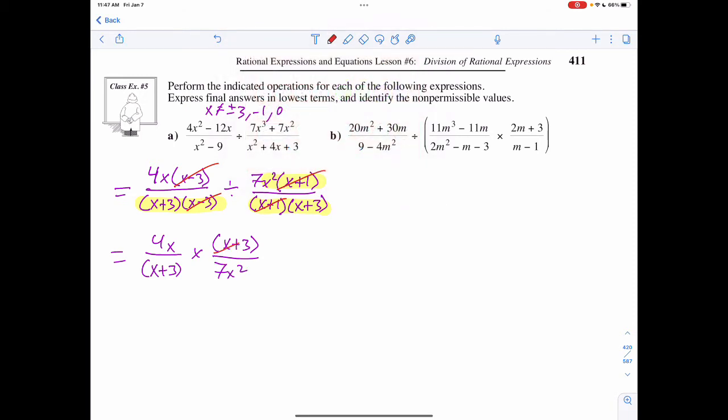And I'm going to cancel out an x plus 3 and x plus 3, take away the x from here, and be left with a singular x there. And I can say that this all simplifies to 4 over 7x, where x cannot equal positive or negative 3, negative 1, or 0.